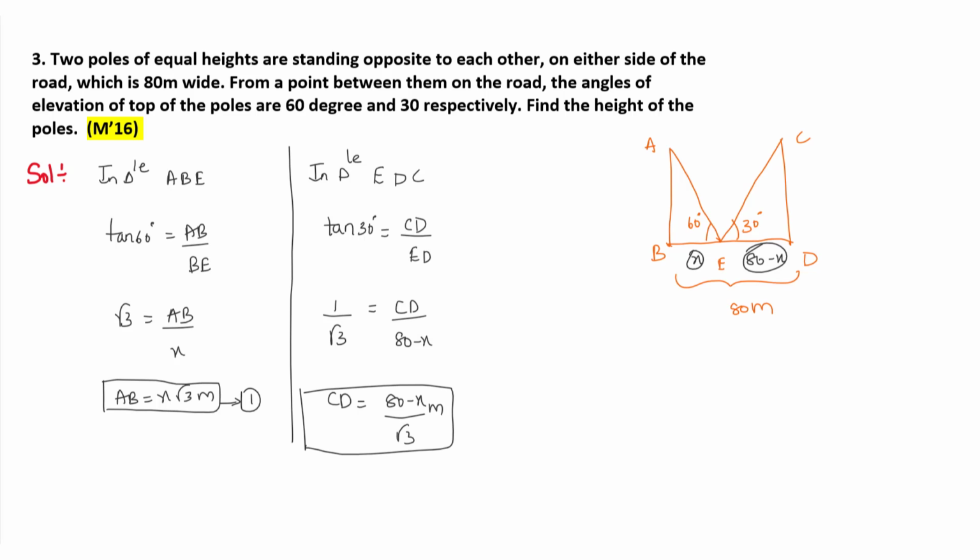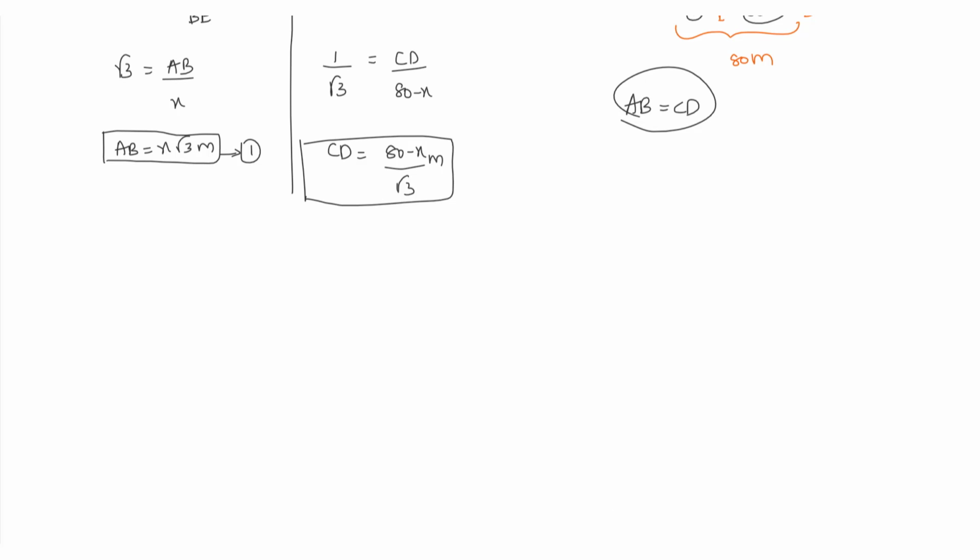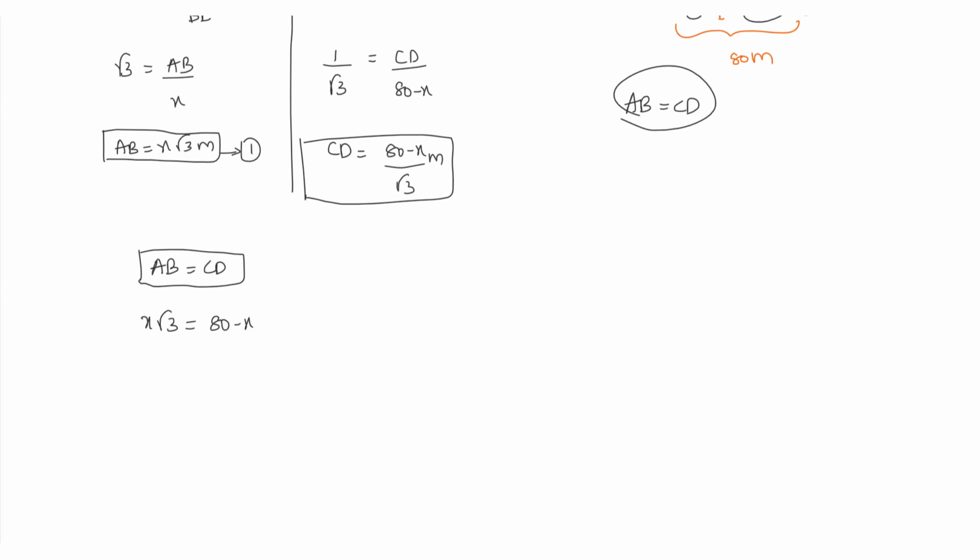From the question, what you understood is that these two poles have equal heights. So can I say AB is equal to CD? So using this, we'll solve. Hence, AB is equal to CD because the two poles are of equal heights. That is x root 3 is equal to 80 minus x by root 3.